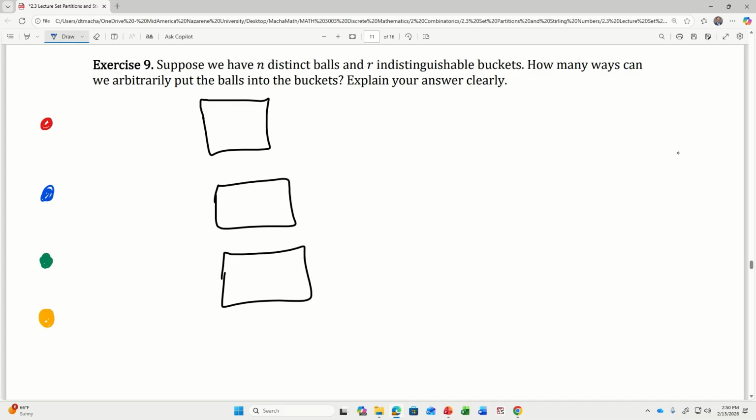And so if I took a Stirling number where I took all the balls and I put them into k buckets, that would describe part of the situation. I want to say this is the answer. The reason I think this is the answer is because I could put everything into one bucket, right? I could take all of the balls and put them into one bucket.